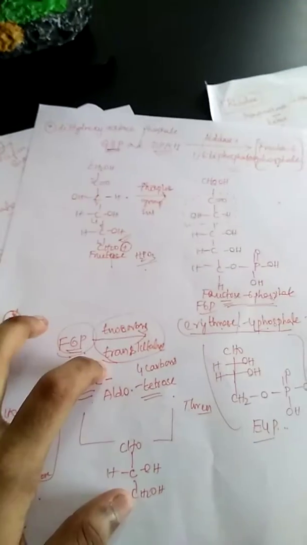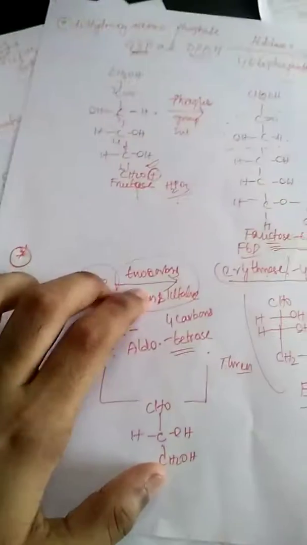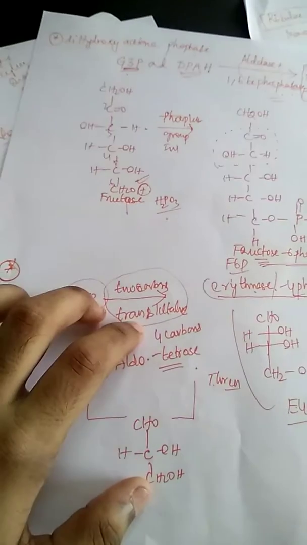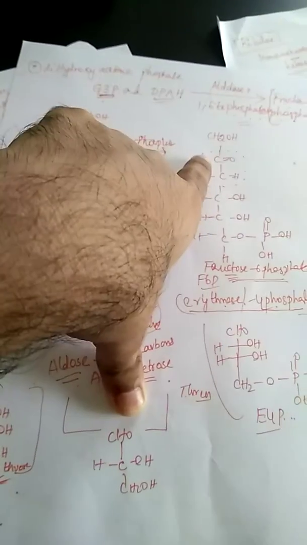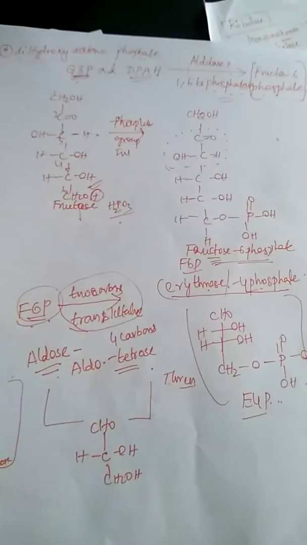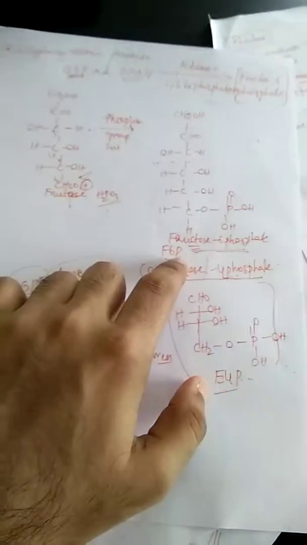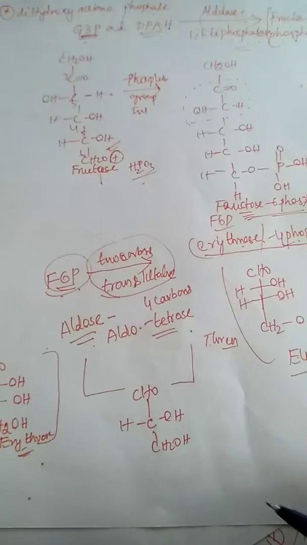This fructose 6-phosphate again has 2 carbons removed from it, and this forms erythrose 4-phosphate. This is done in the presence of transketolase.